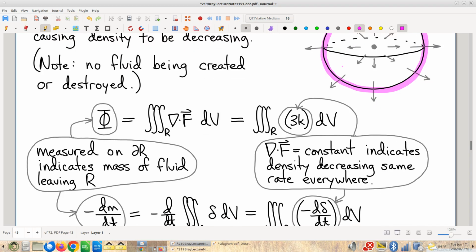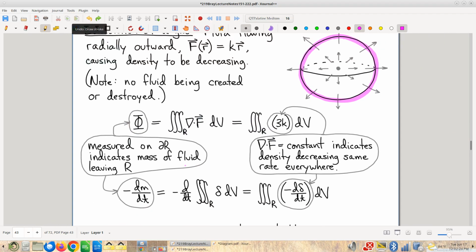If I were to ask what is the flux through that sphere, well, divergence theorem, compute the divergence, boom, there's what your flux is through that sphere. And now I'm going to make another qualitative argument, which is that the flux is telling us how fast fluid is leaving the ball.